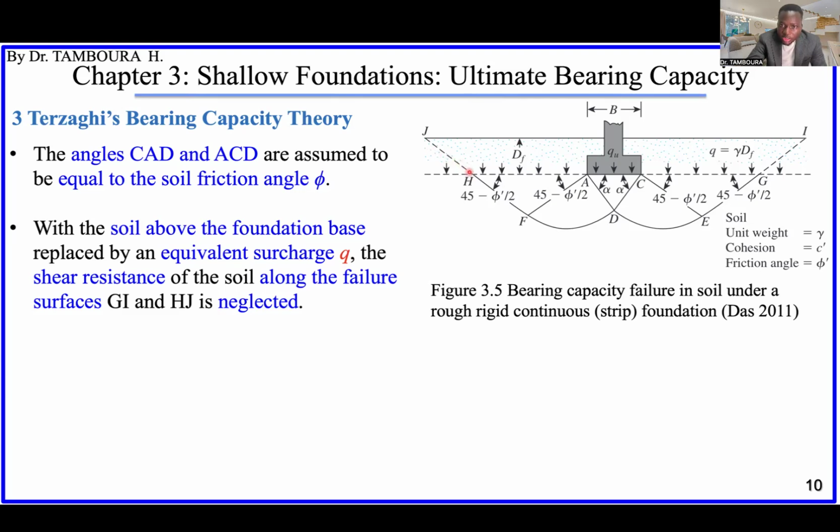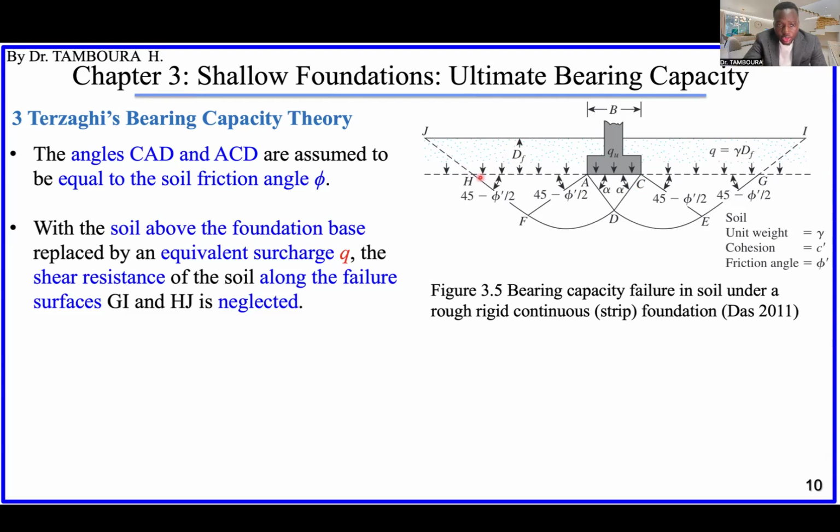Okay. It means by replacing the soil above the footing base by its own weight, we are assuming that the shearing resistance of this soil doesn't contribute to the bearing capacity, which is actually not strictly right, but this is just an assumption according to Terzaghi.